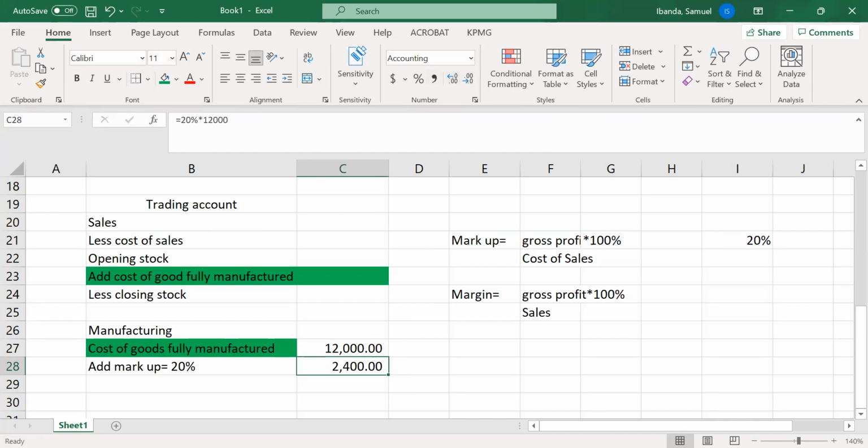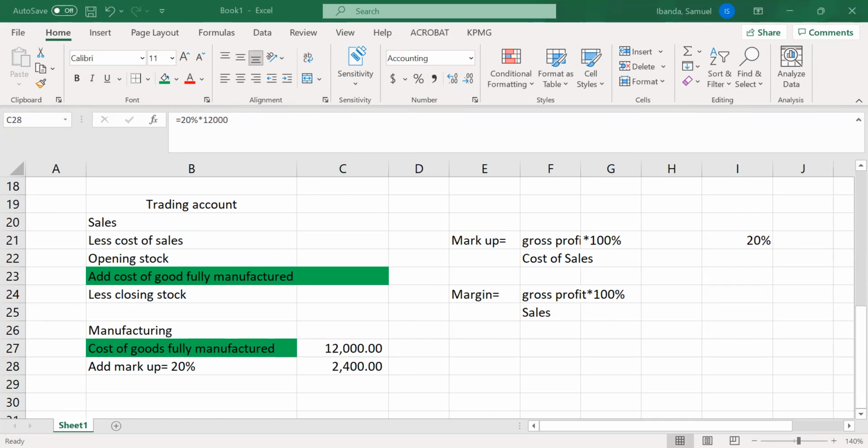Now, one of the things that I commented about when we are transferring goods at a markup, I gave you, I think within the notes, a guideline in terms of what you should exactly do.